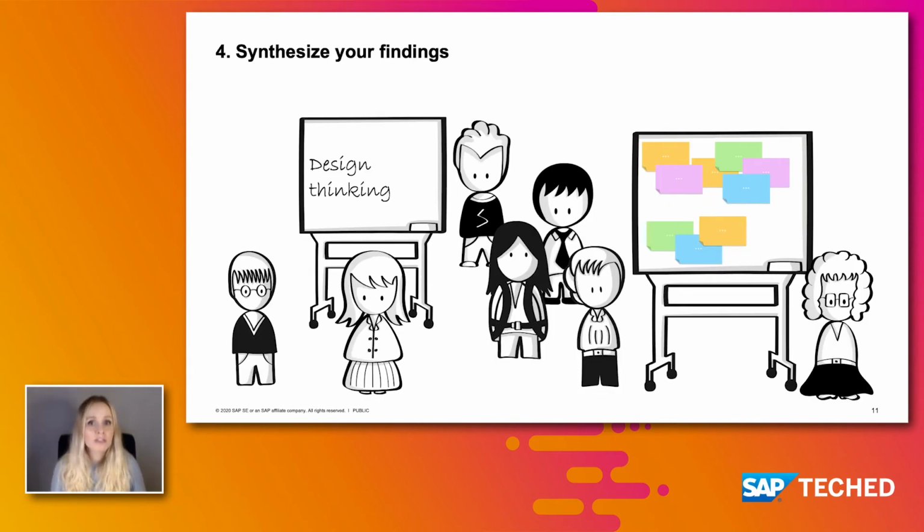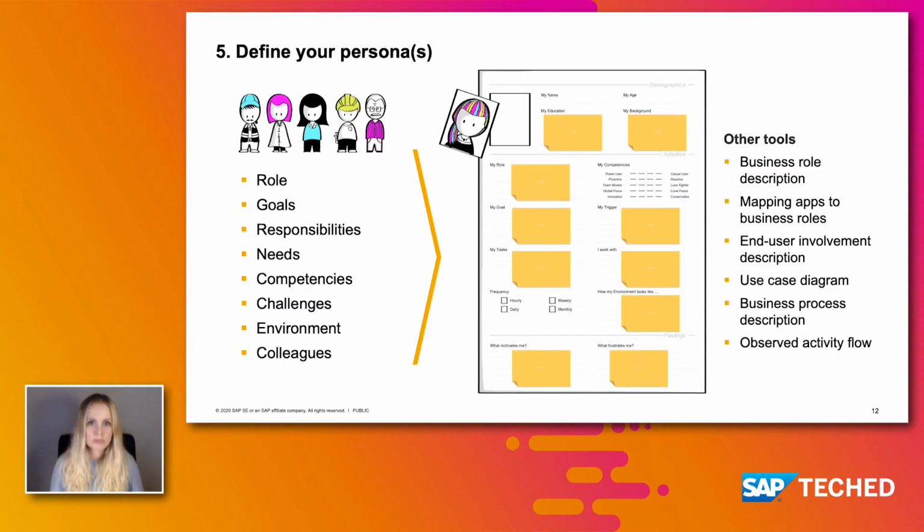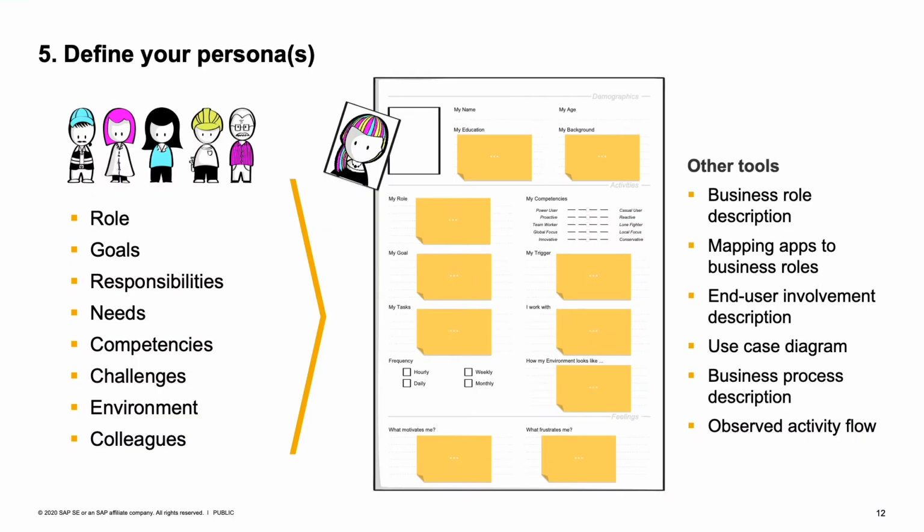Once you're back in the office, sit down together and synthesize your findings in a workshop. There are many tools that help you structure all your findings. I personally prefer the definition of a persona. There, out of everything that you've learned, you derive a fictional person that reflects all of your different end users.